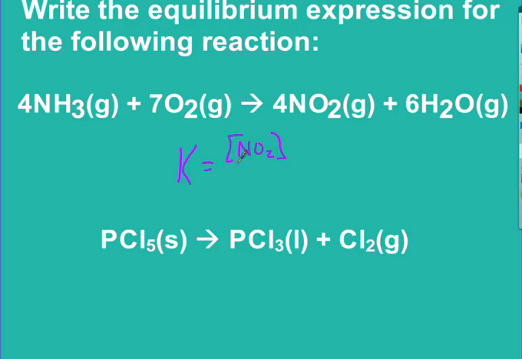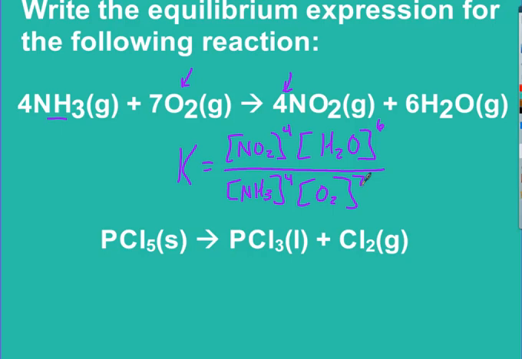So the concentration of NO2 to the fourth power, getting that from the coefficient, times the concentration of water to the sixth power over my reactants, so NH3 to the fourth power, and finally oxygen to the seventh power. So that would be your equilibrium expression or your law of mass action.